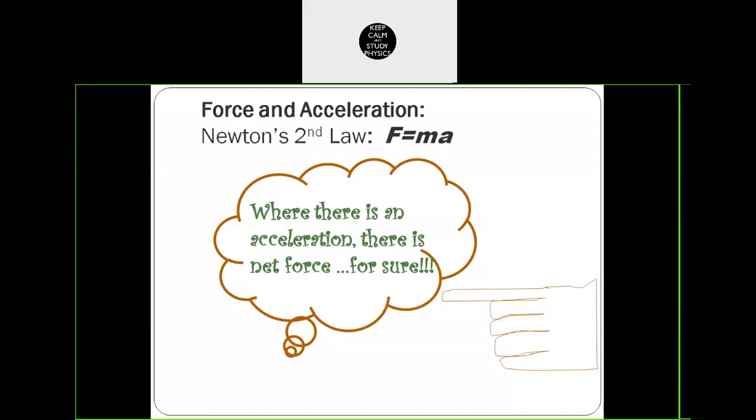Whenever acceleration is there, we say someone is applying force. Without any force, acceleration cannot be created. This is what Newton's second law says. Agreed, everyone?